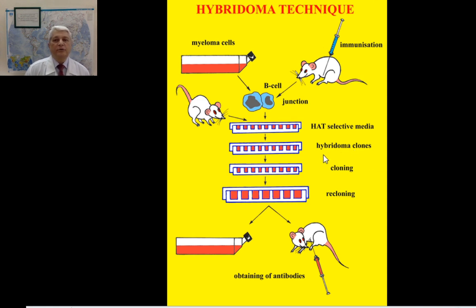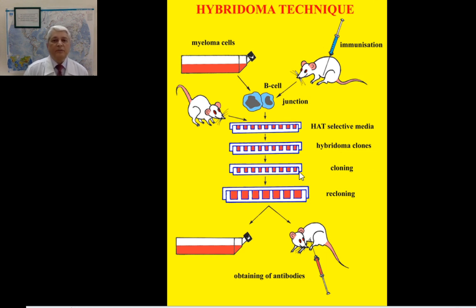Then we do a procedure which we call cloning. What is cloning? We take, for example, from one of these test tubes a very small amount of cells, for example, only 30 cells, and pour the solution of these cells into 96 test tubes.